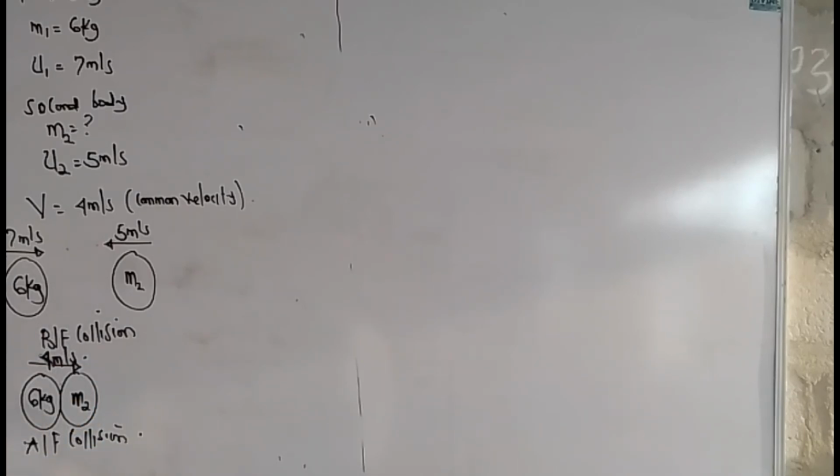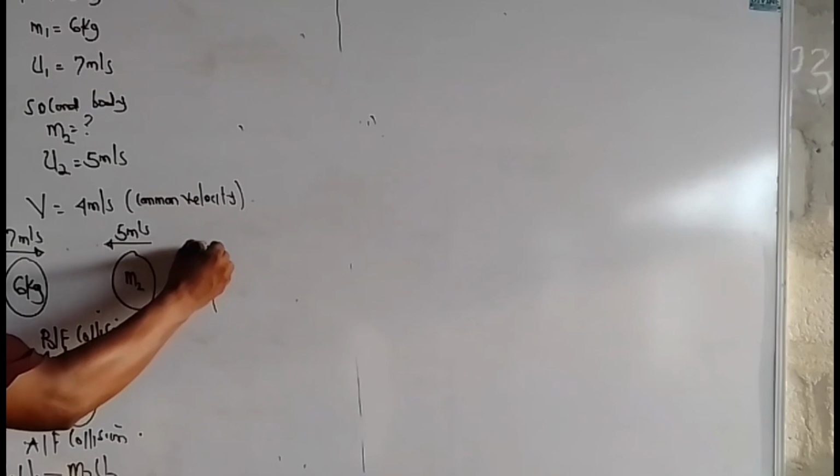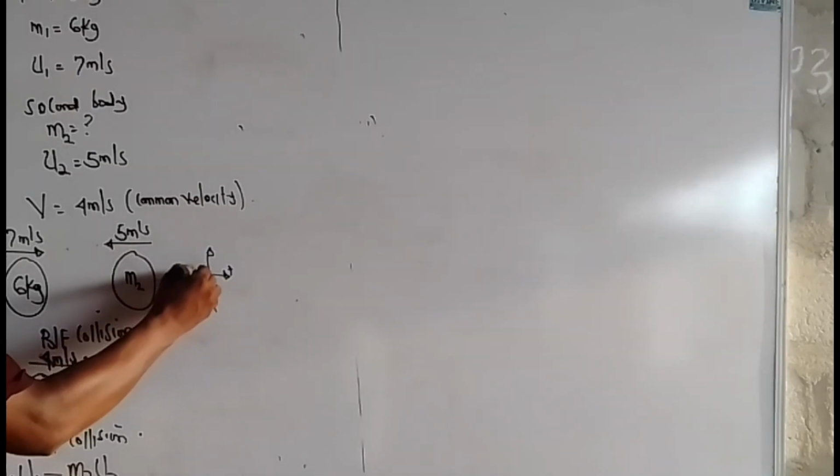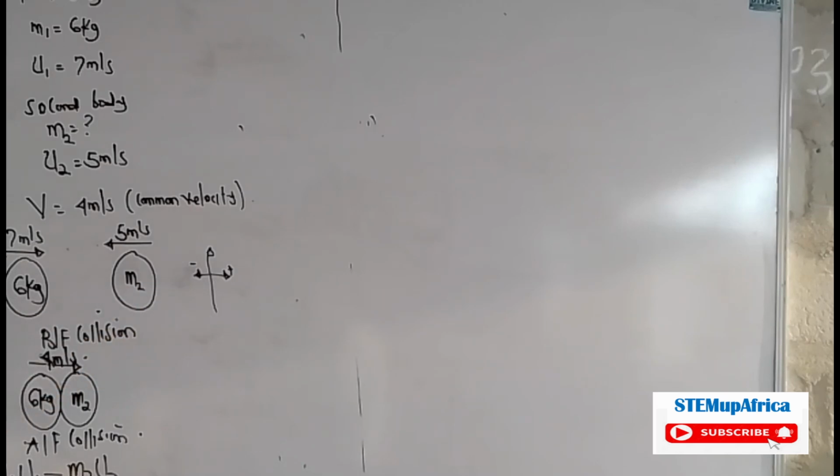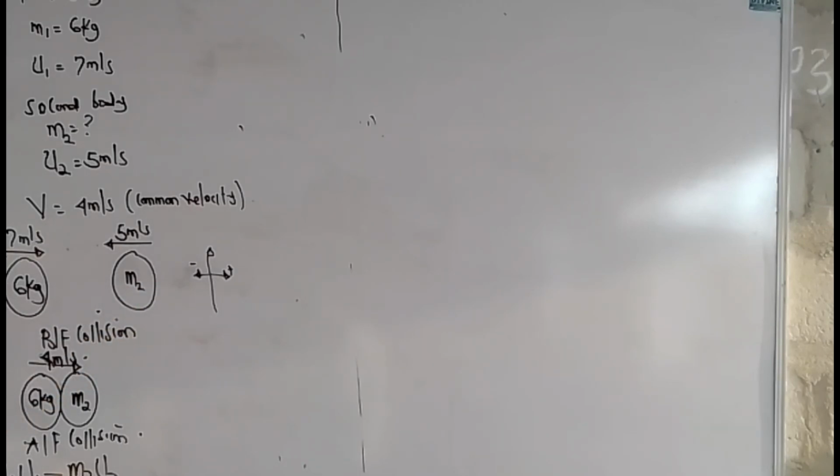So if I state the formula, I have M1 U1 minus M2 U2. Why am I putting minus for the second body? Because it's traveling in the opposite direction to the first. According to sign convention, this direction is positive, this direction is negative. So the first body is positive, the second body is negative. That's why I'm putting a negative sign between them.